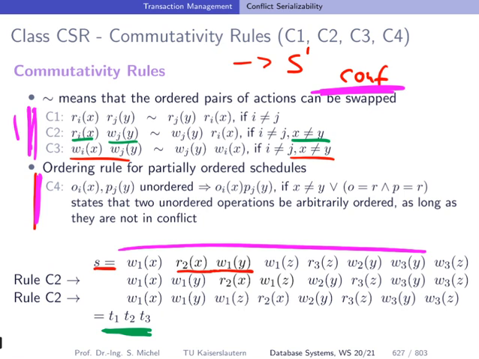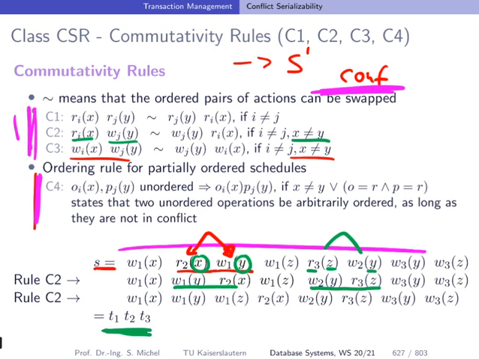And we could think about swapping these two, and in fact we can do this because they are on different objects. Here we have X and here we have Y. So we can swap these. And we can also swap these two. We have a read and a write. Be careful, but no problem, because here we have Z and here we have Y.